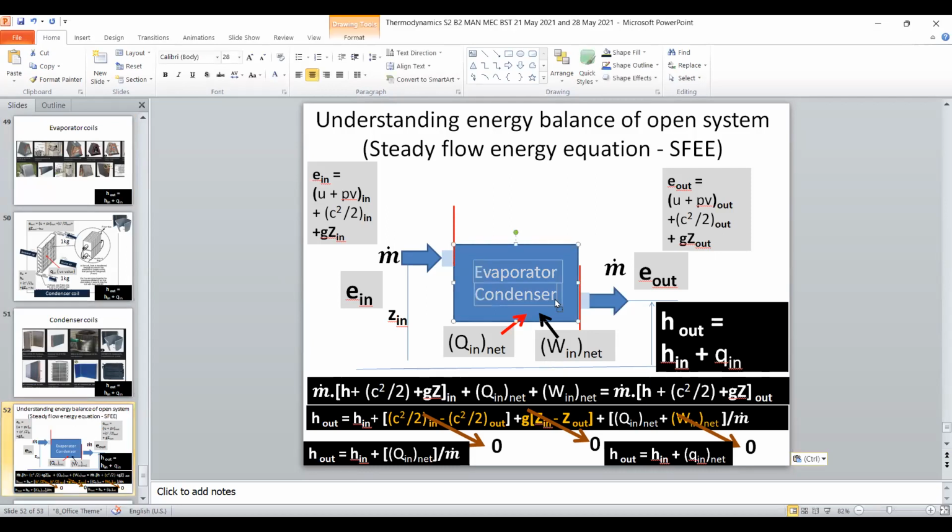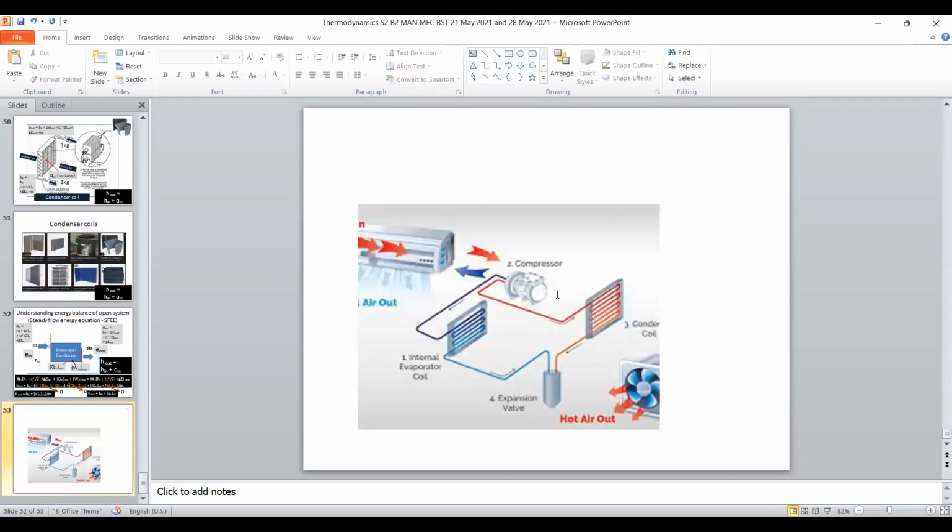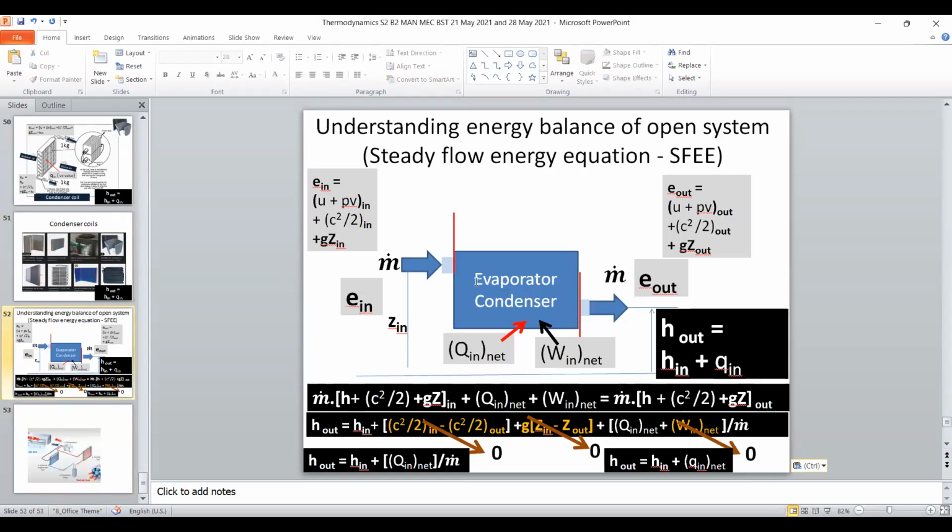So if I take this for compression, we have 4 minutes. Compression: there is work interaction, and there could even be heat interaction, because compression is generally hot, so there can be heat release. So I keep this. So it is like this.